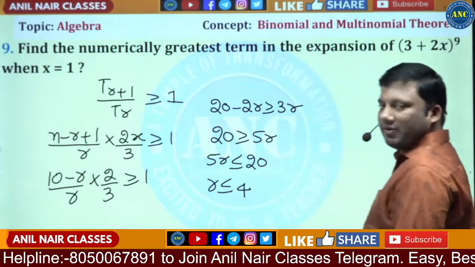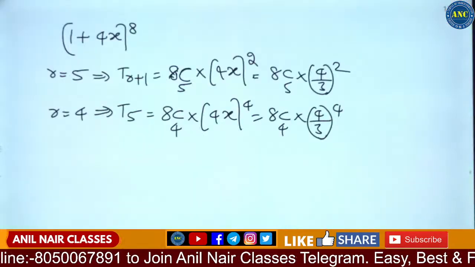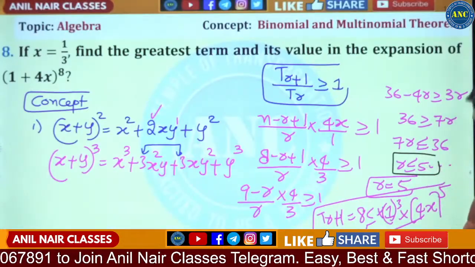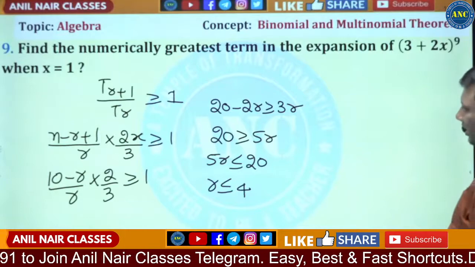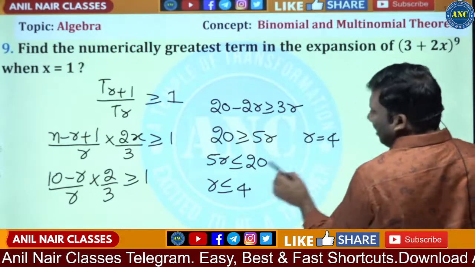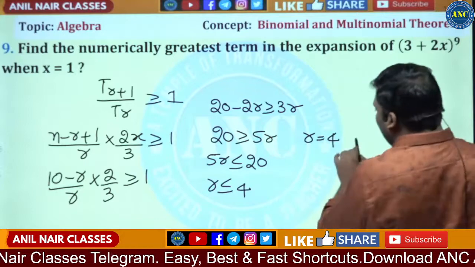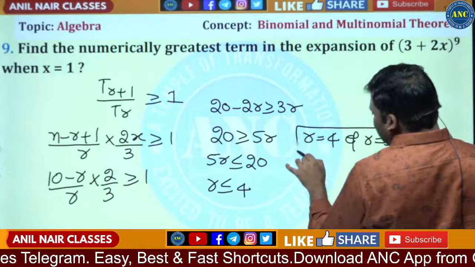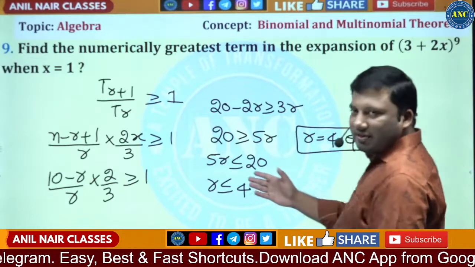What is the difference between this question and the previous question? Previously I got a decimal value and I took 5. Here I got an integer, r less than or equivalent to 4. So two values will be there. R can be 4 and r can be 3, the integer which is just less than 4 and the integer which is equated.